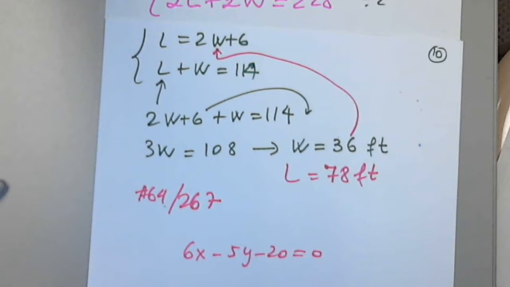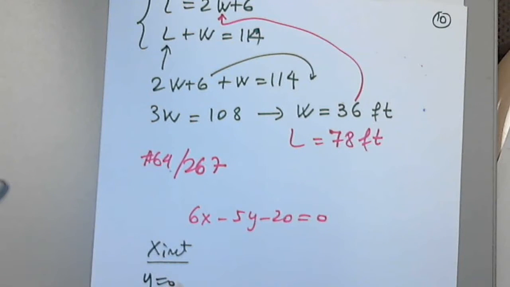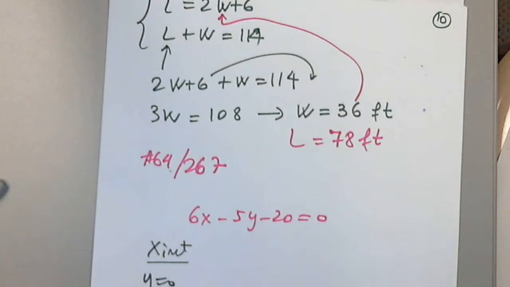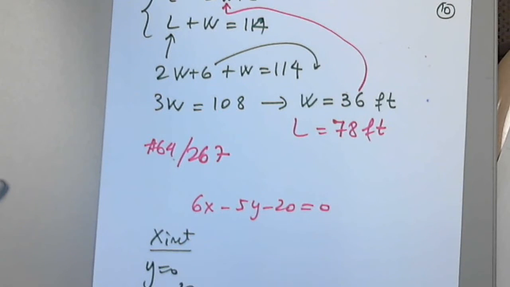So we're asked to graph it using x and y intercepts. How do I find the x-intercept? Awesome. How much is x? I have to move 20. Exactly. So x equals 20 divided by 6. I'll simplify by 2, it is 10/3.